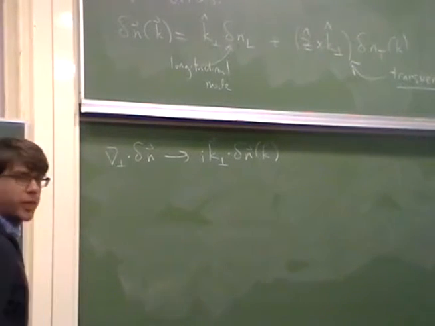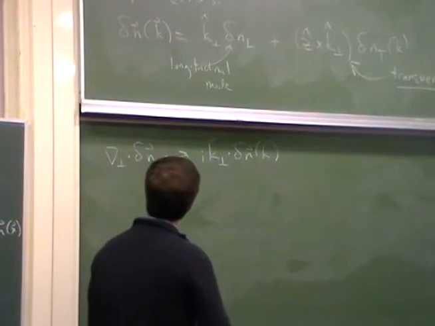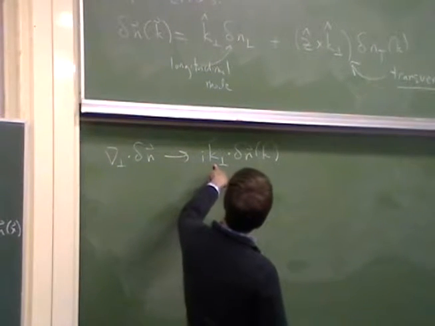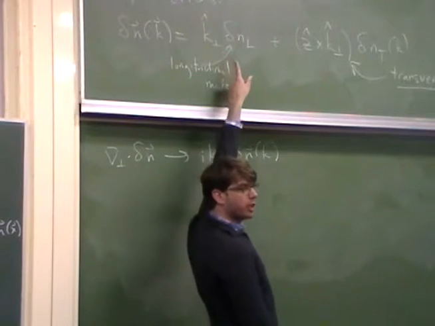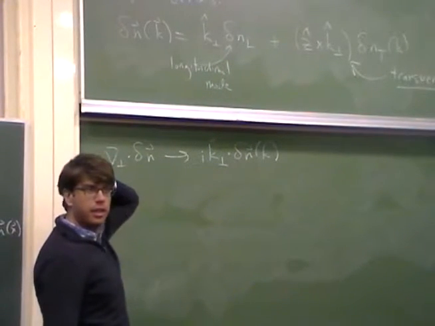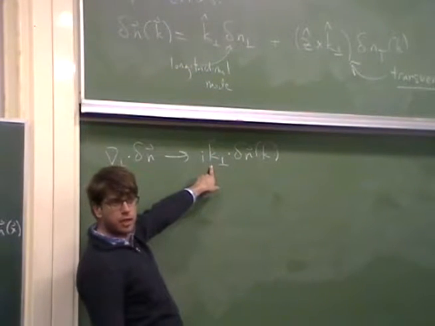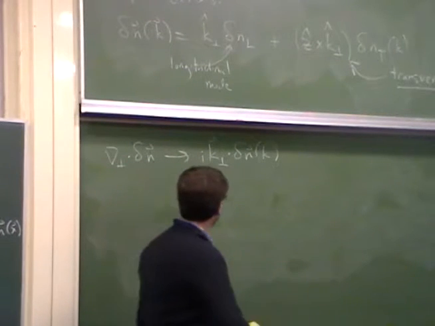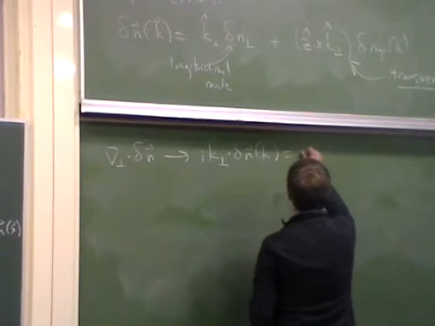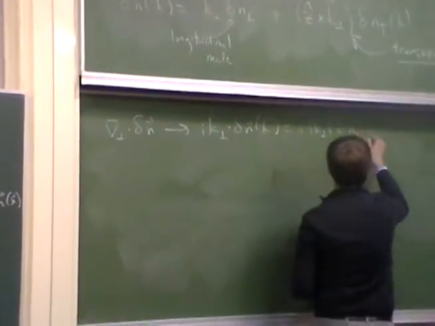What do I get? Or let me put it this way, what don't I get? So I take k perp and I multiply it times the longitudinal component. What comes out? So the longitudinal component is parallel to k perp. Okay? So this is just going to give me the magnitude of k perp times the longitudinal component.